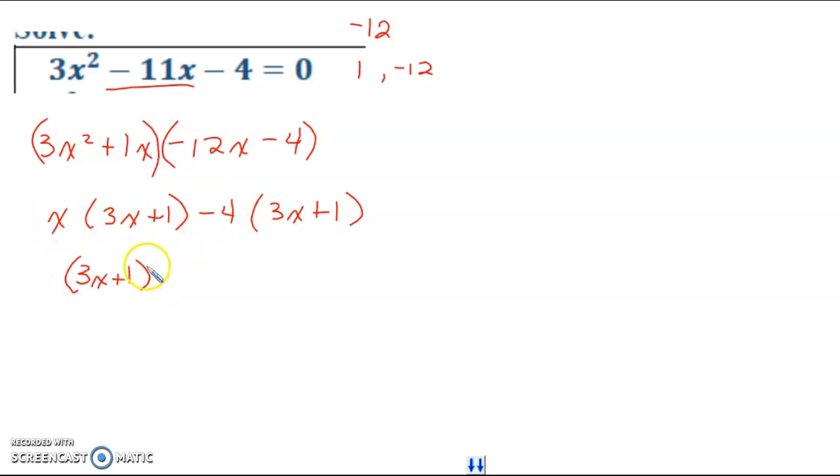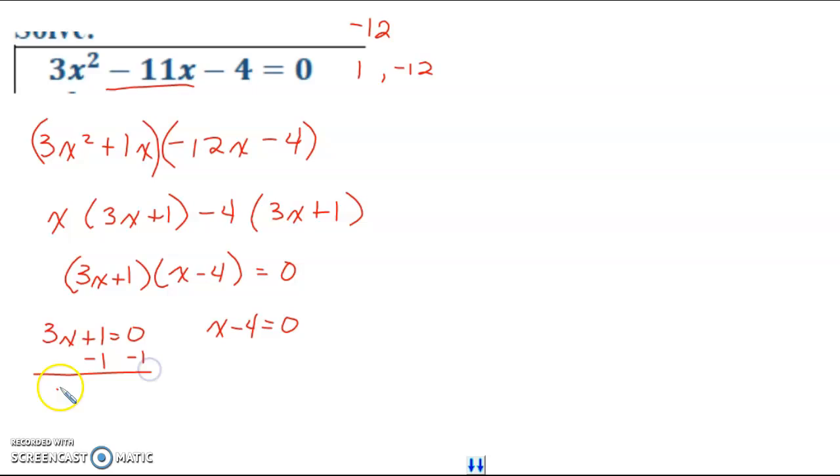And then I have my x minus 4. And I know it needs to equal 0. Now, once I have it in this form, now I can solve for 0. So each term, one of them having to be 0. So 3x plus 1 equals 0. And then x minus 4 equals 0.